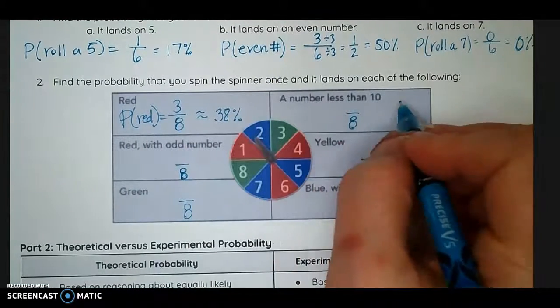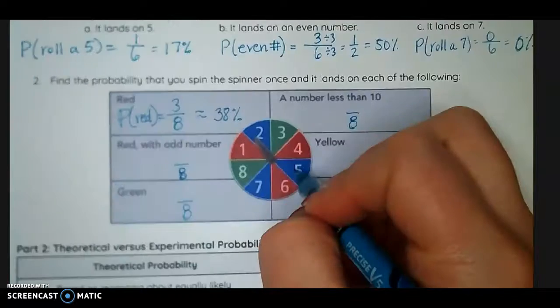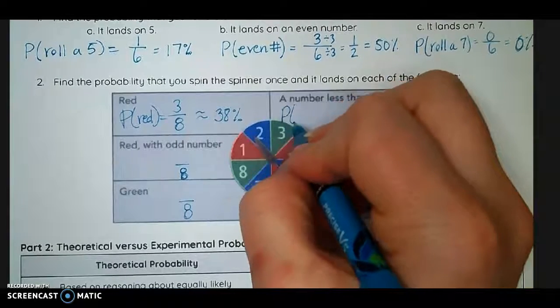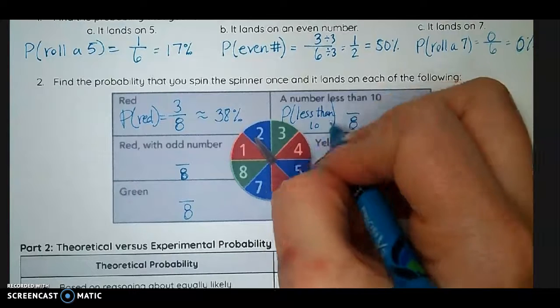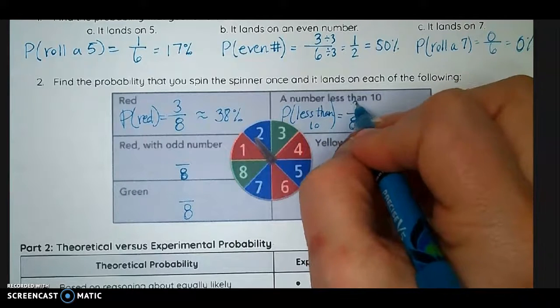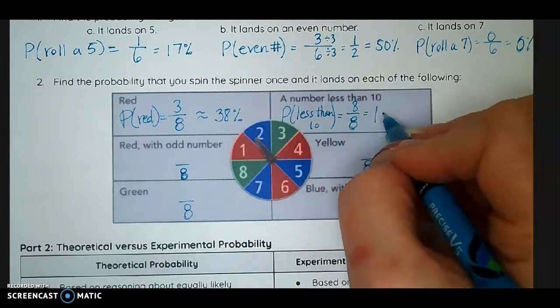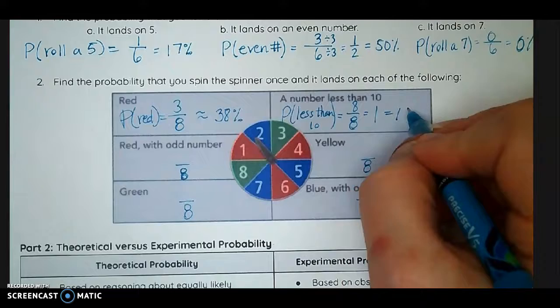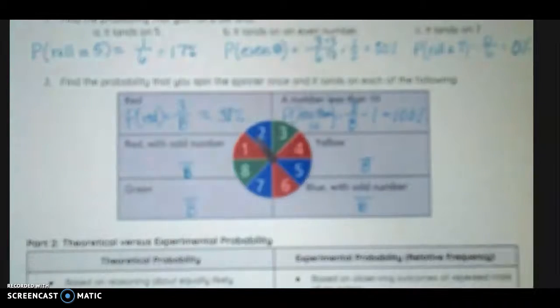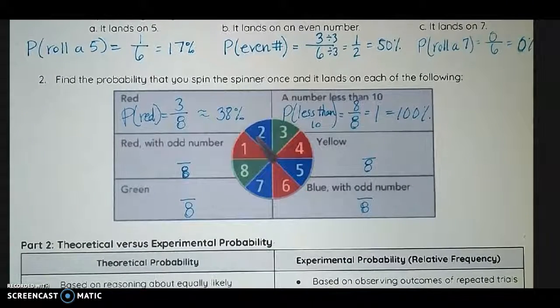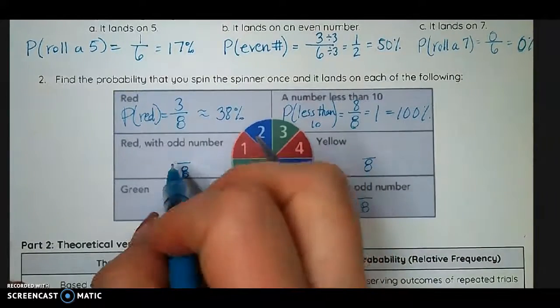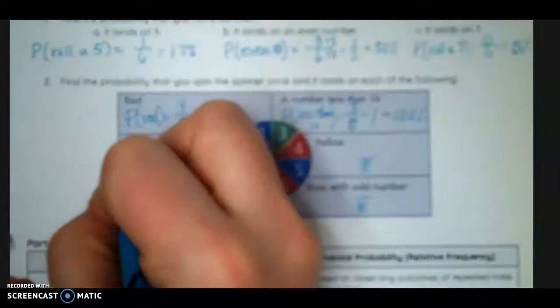A number less than 10, well, if I look at those, all have a value of less than 10. Which is 8 out of 8, which is 1, which is a 100% chance of happening. Every single time I spin, I will spin something less than 10. Red with an odd number.